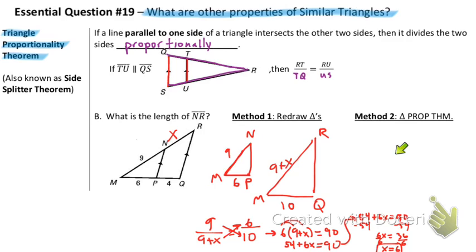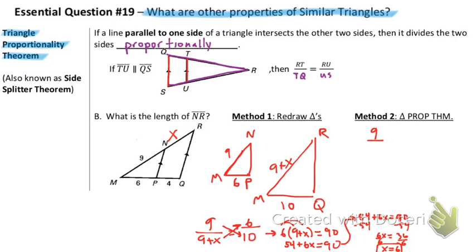Now in method 2, using this theorem, it's a little faster. As long as these are parallel, we can use what is also called the side splitter theorem, the triangle proportionality theorem, that says we can then make just a quick proportion. 9 over x, so basically the same sides that get split.